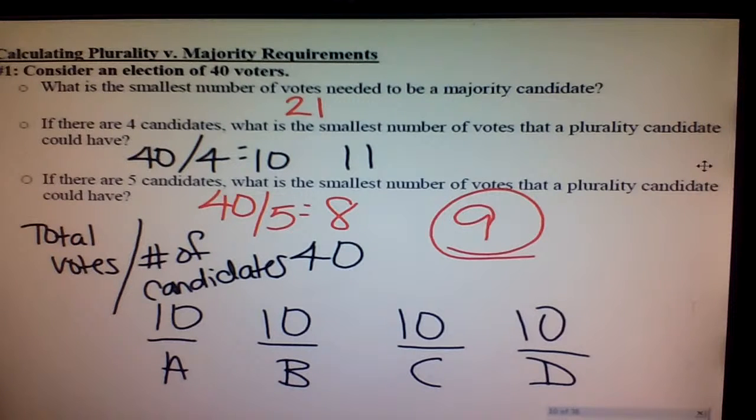Okay, so if you look at number 2, I do believe it's at the top of the next page. Yes? It should be the same thing, but now instead of having 40 voters, I've only given you 15. So try these 3 that go along with that.